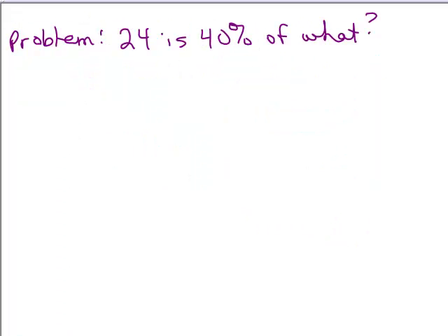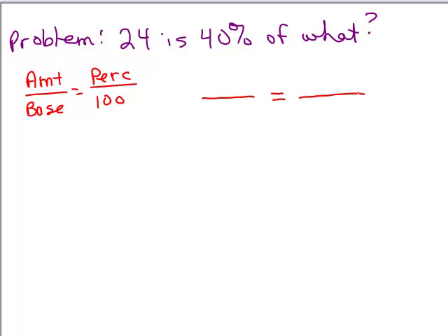So here's the problem again. 24 is 40% of what? And I know that I want to write the amount over the base is equal to the percent over 100. So we just discovered how we're going to do this.